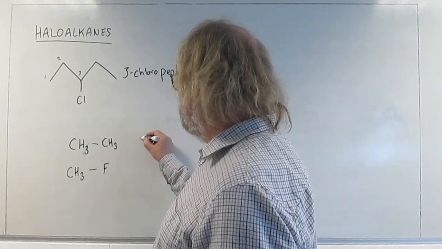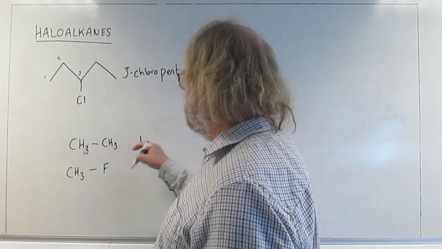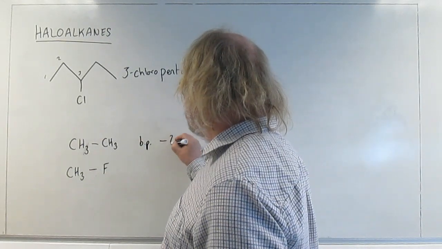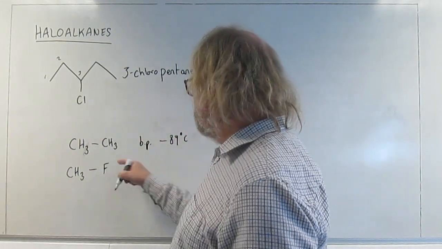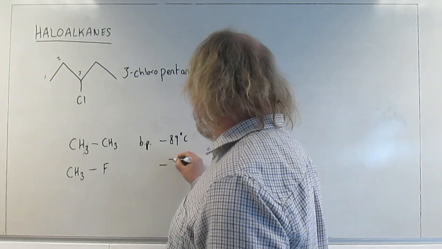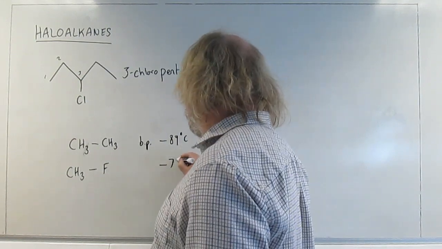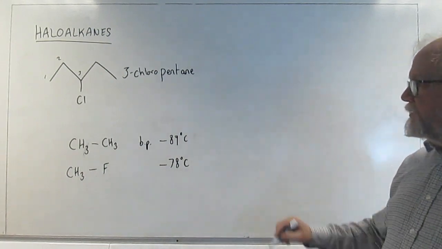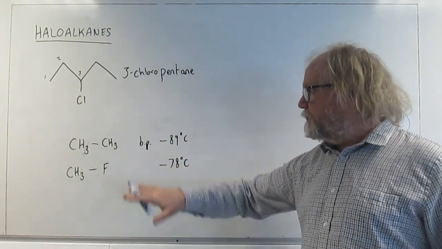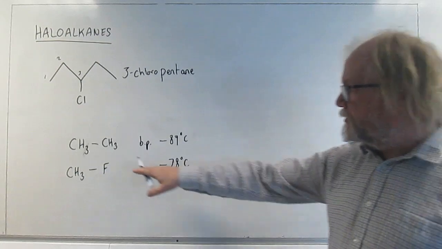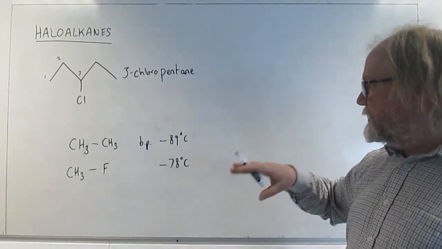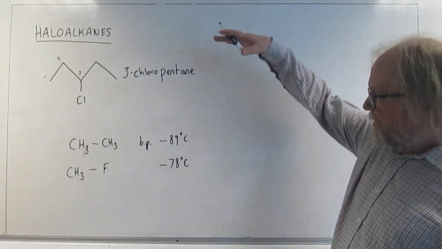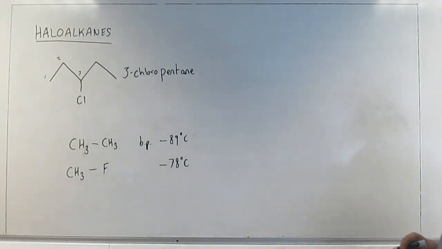And if we compare the boiling point, ethane is minus 89 degrees C, and the boiling point of this is minus 78 degrees C. So it's not a huge difference, but you can see that even though we're comparing very similar molecules, putting the halogen in increases the boiling point. Minus 78 is a higher temperature than minus 89.